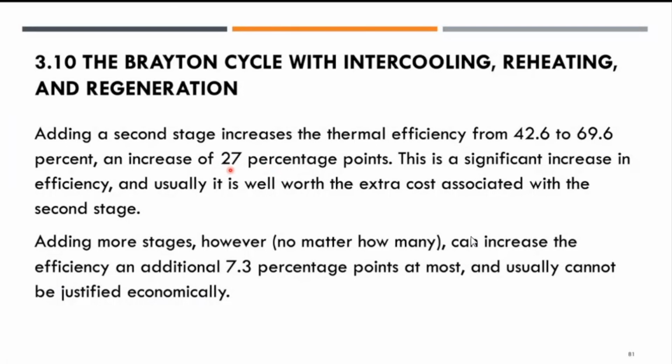This is a significant increase in efficiency and is usually well worth the extra cost associated with the second stage. However, adding more stages can increase the efficiency by an additional 7.3% and usually cannot be justified economically. And so basically there are limitations, right?